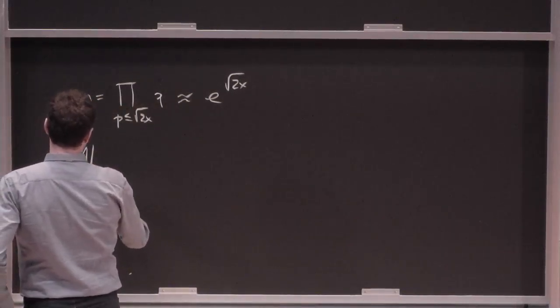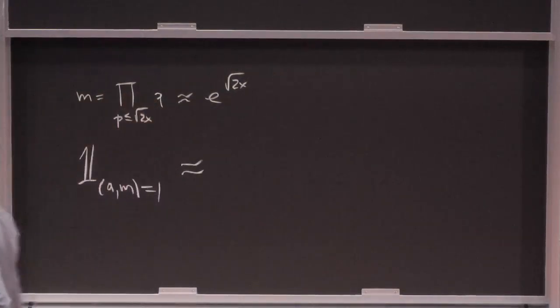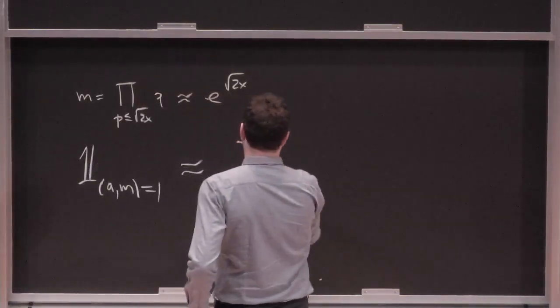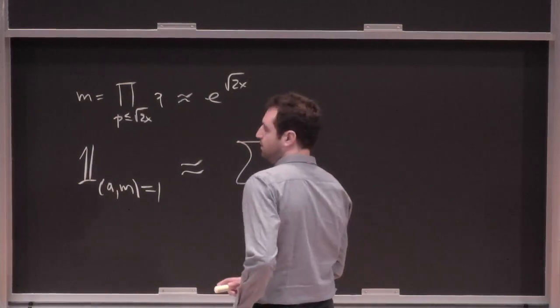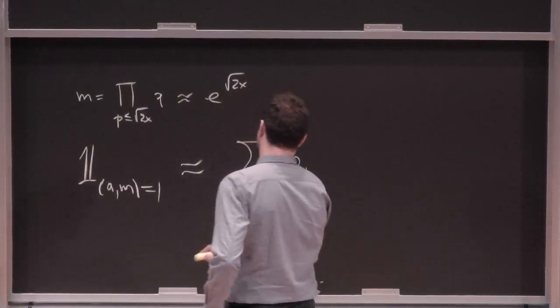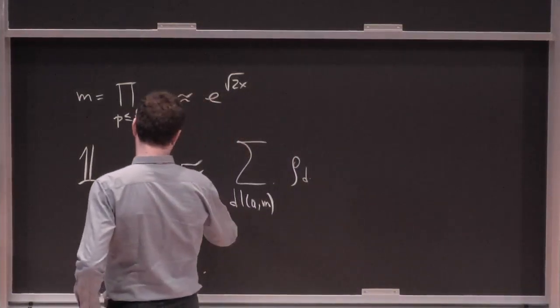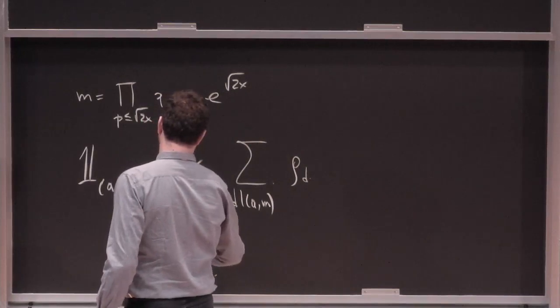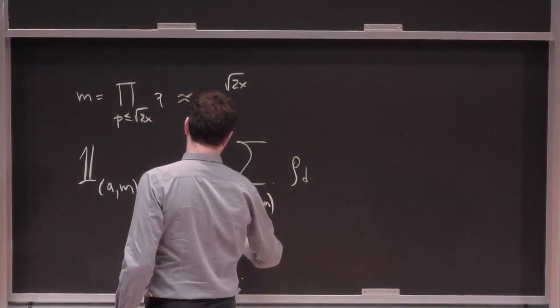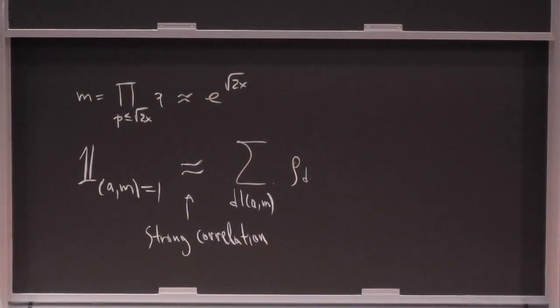And Brun's idea was, well, maybe I should replace this exact formula by an approximation of this shape, a divisor sum of this form, and this means that this sum should correlate strongly. And the stronger correlation one has, the better results one is going to obtain.